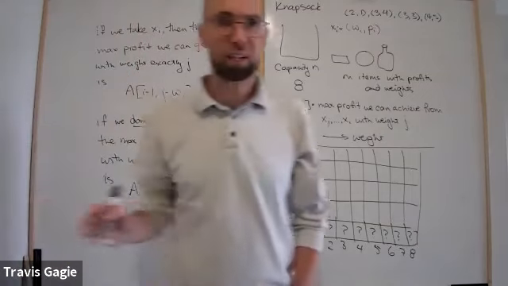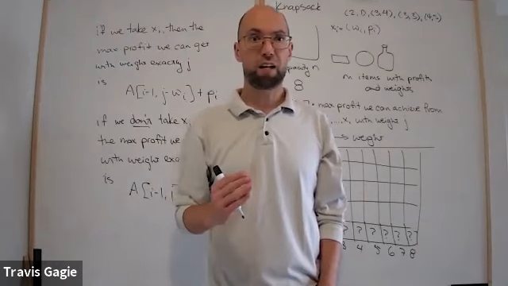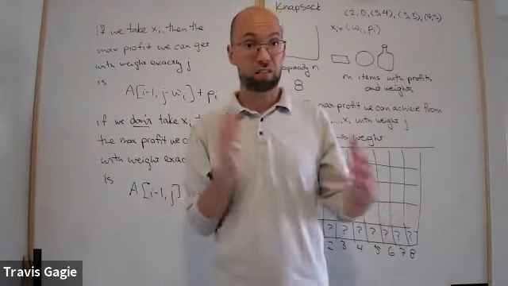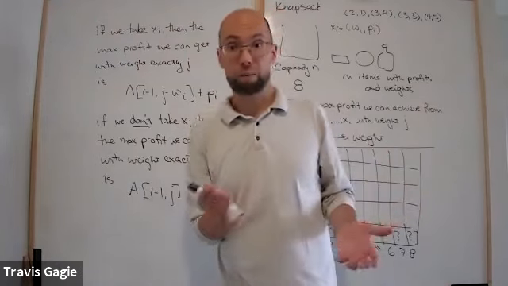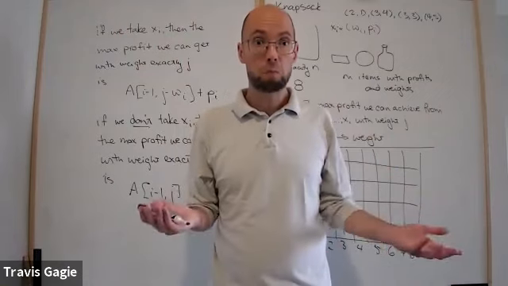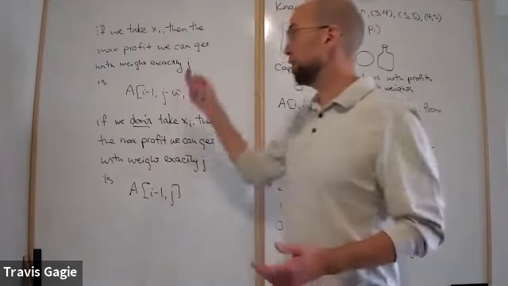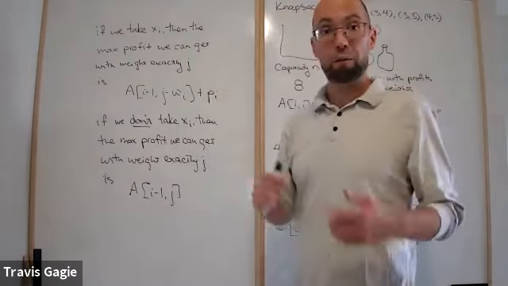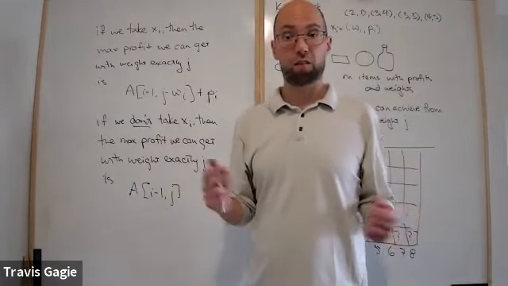Because if you don't take xi and you have to get weight exactly j, then you better get weight exactly j from x1 through xi minus 1. Okay, so we have these two options, and we're going to take the max of these things.